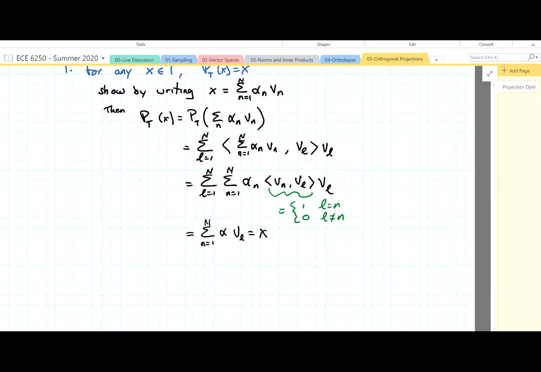Well, the next property follows directly from that, and that is that PT is idempotent. That means essentially that PT squared, or PT operating on PT, is equal to PT.